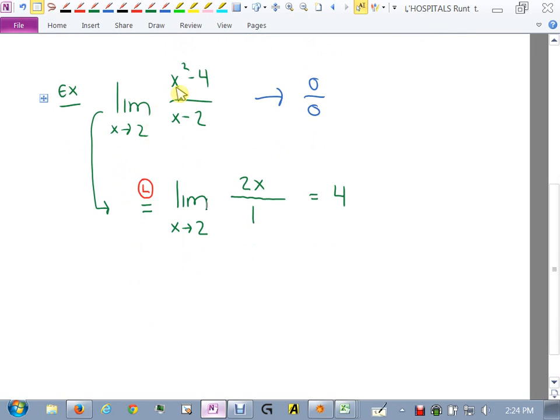Let's take a look at this one. What about the limit as x goes to 0 of sine 5x over tangent pi x?